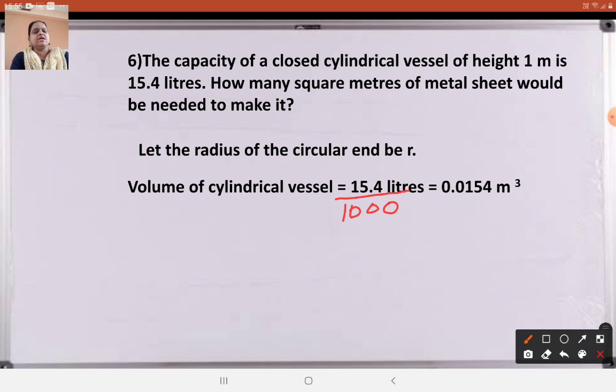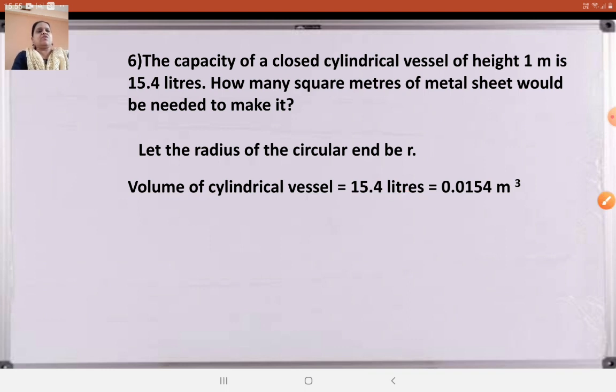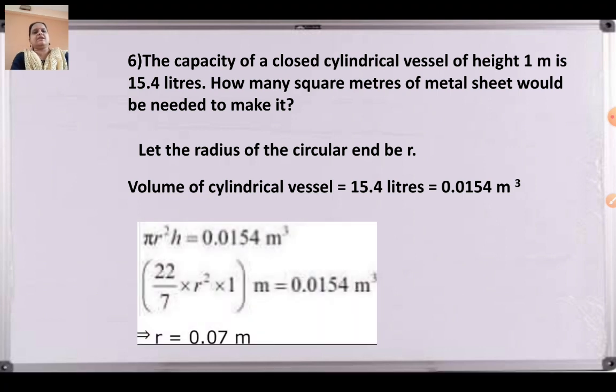If you divide it, shift the decimal point on the left hand side for 3 digits. So your answer will be 0.0154 meter cube. Yes, so here the volume we got is 0.0154. Use this volume to find the radius.